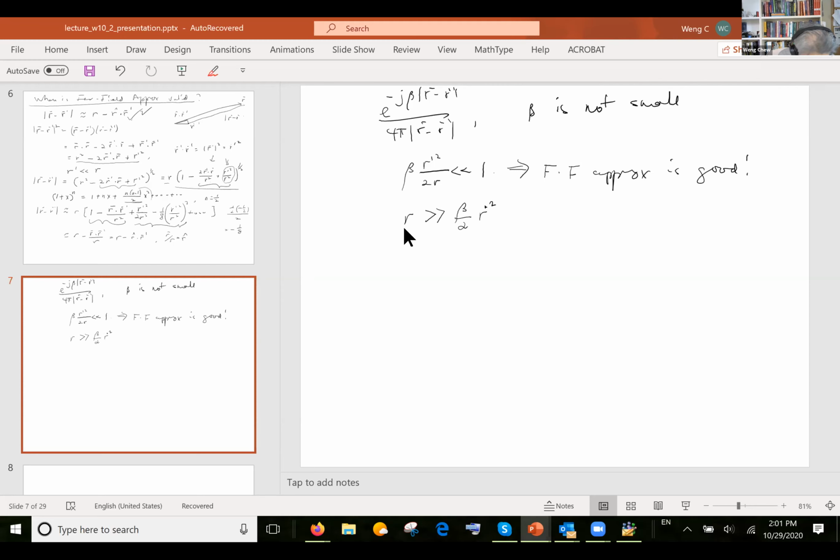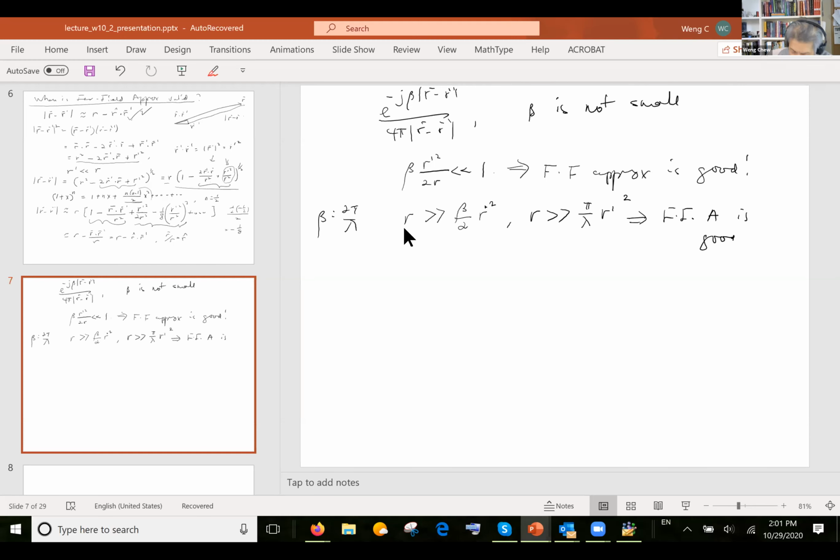If this is true, then it can be evaluated if beta is 2 pi over lambda. Then this says that if r is much, much larger than pi over lambda, r prime square, then far field approximation is good.